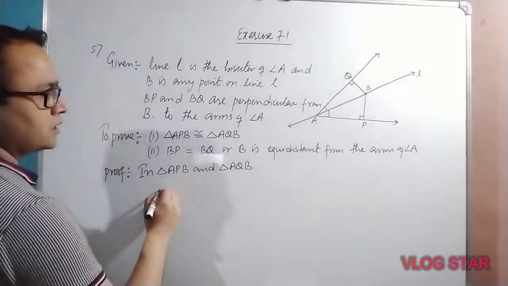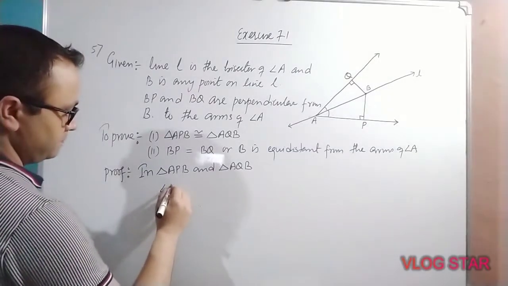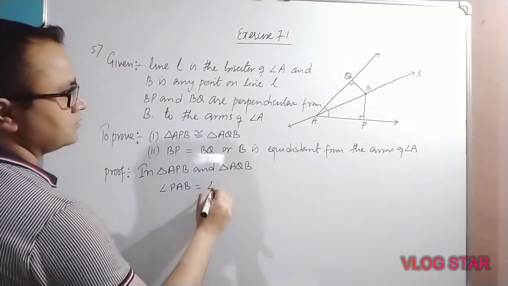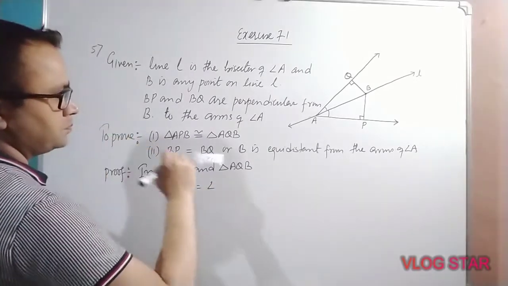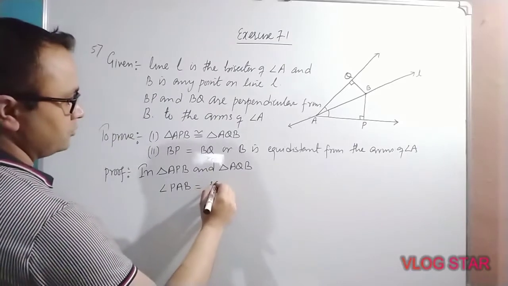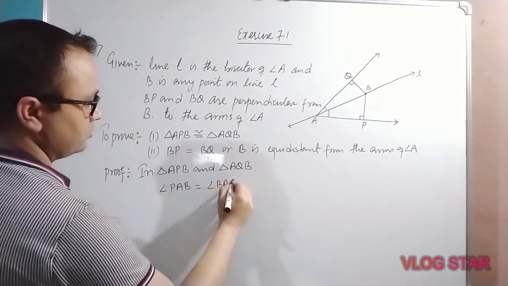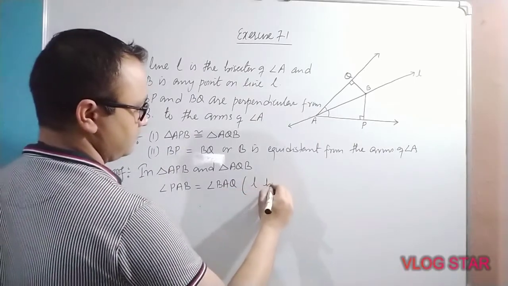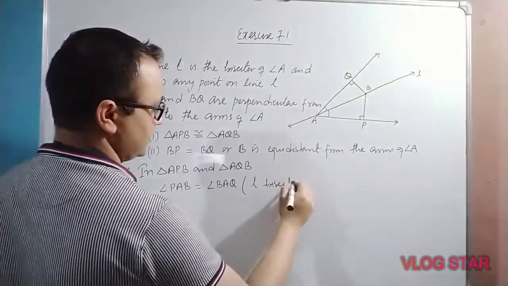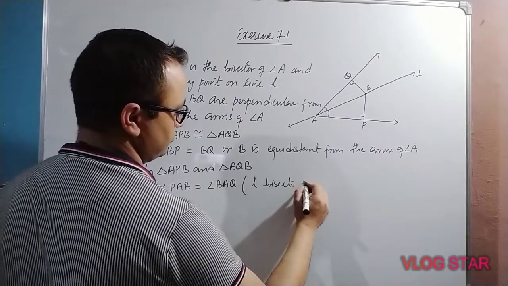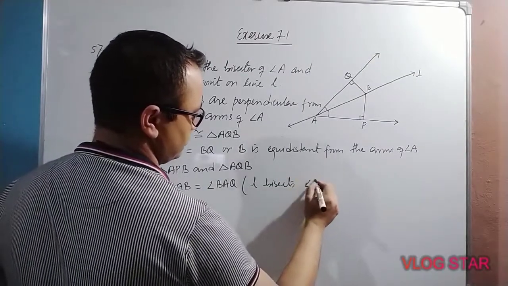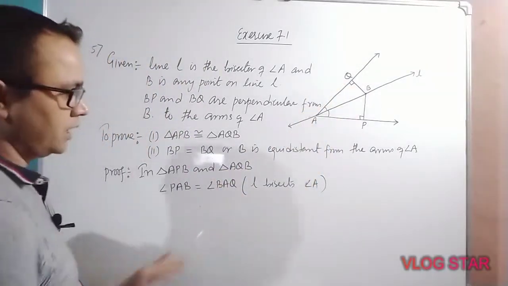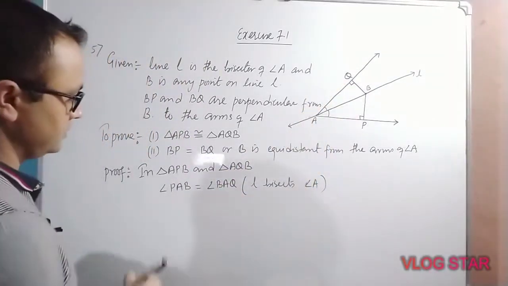The first reason is angle PAB equals angle BAQ, because L bisects angle A.